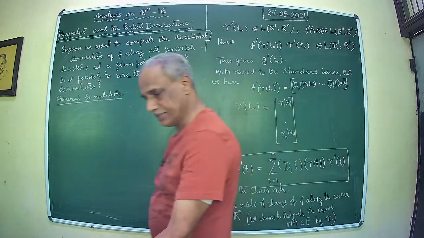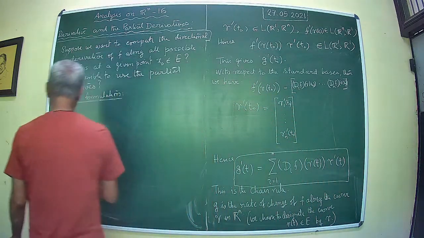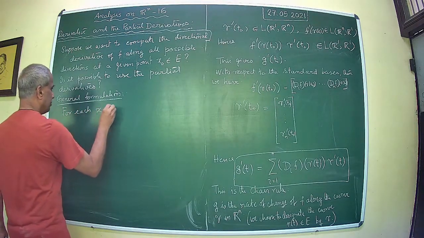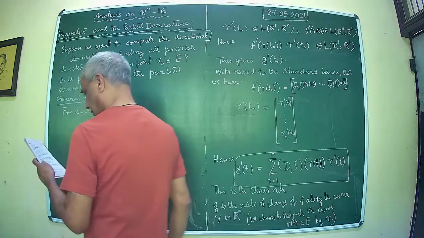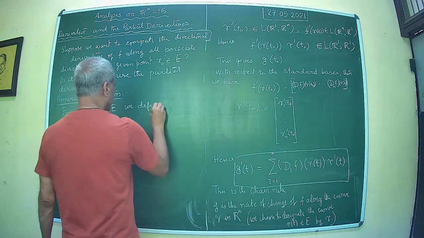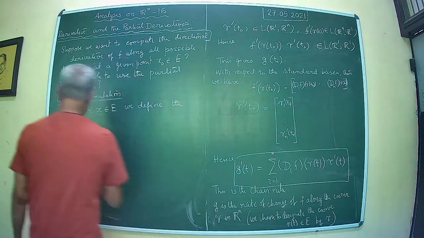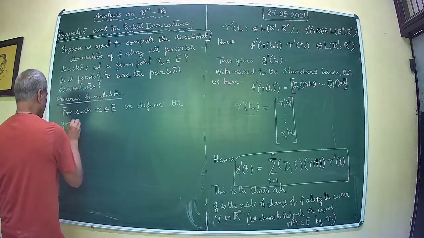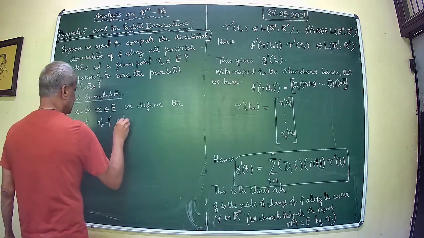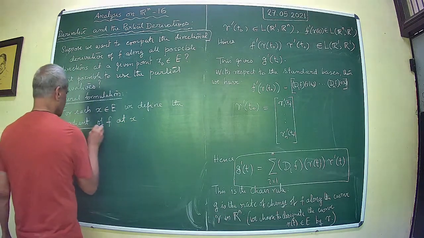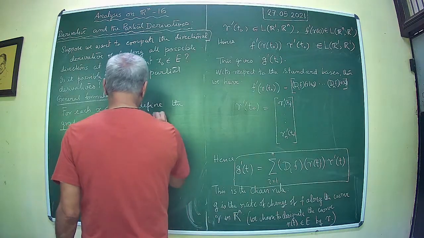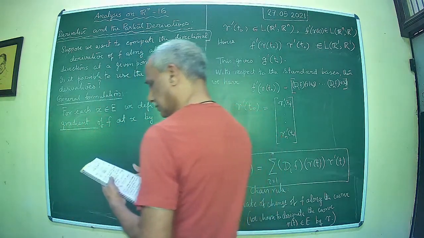Let us define, for each x belonging to E, we define the gradient of f at x by the following.